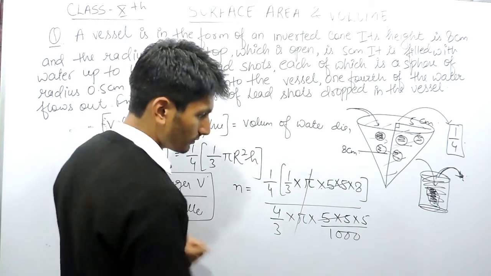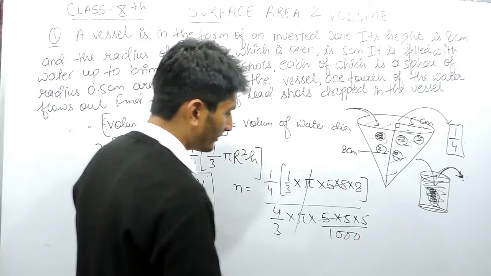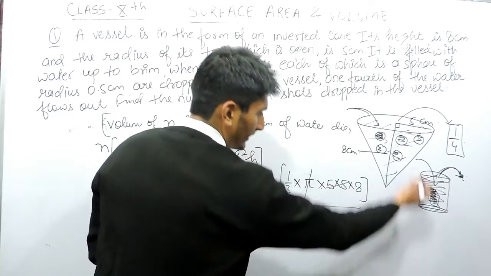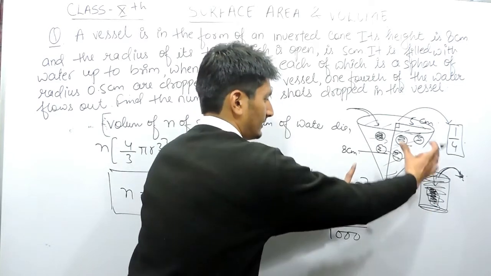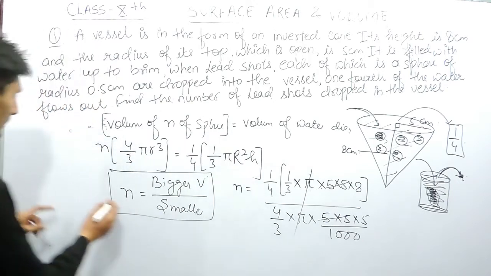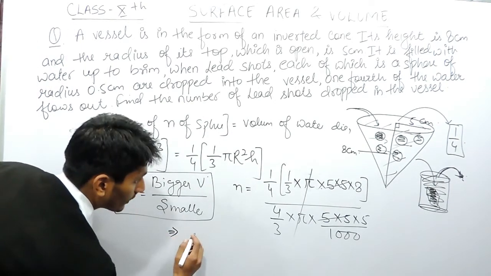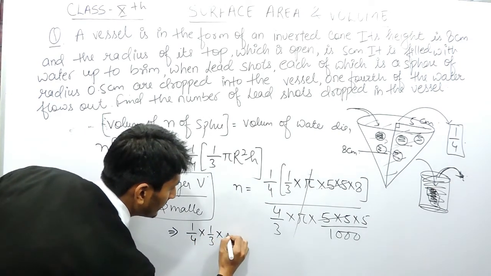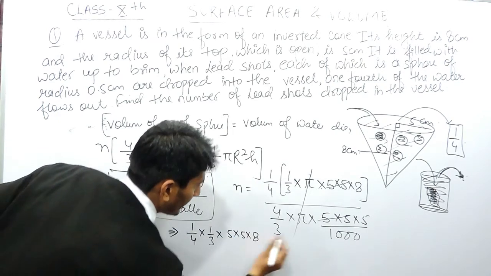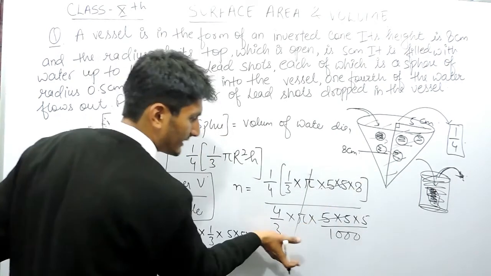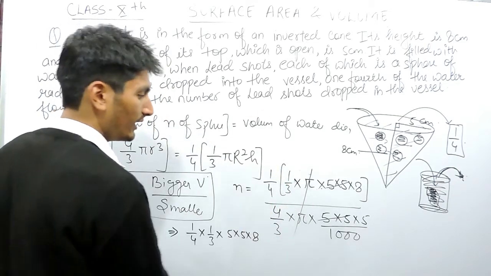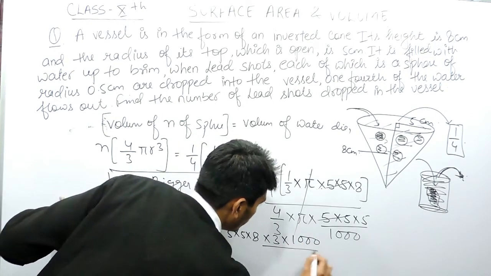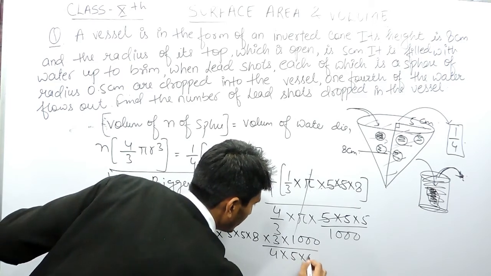Now if you are not able to solve this directly, what I have done is I shift this complete thing into multiplication form. This will become 1 upon 4 multiplied by 1 upon 3. Pi is cancelled, so this is 5 into 5 into 8. And when this complete thing is shifted to multiplication, it gets reciprocal, meaning denominator becomes numerator and numerator becomes denominator. So this will become 3 into 1000 whole upon 4 into 5 into 5 into 5.